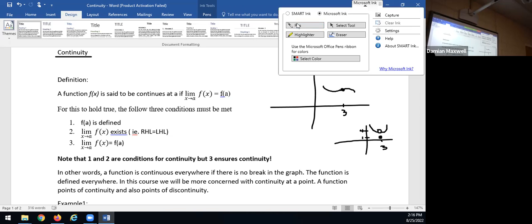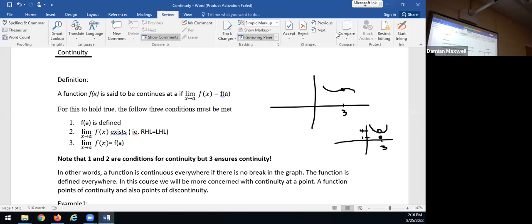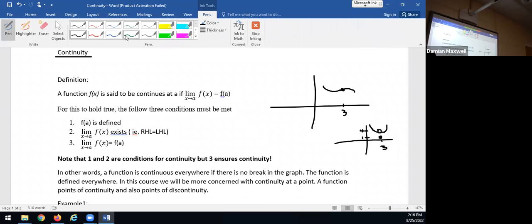Now, if you're looking at the first example, let me use a different color. What do we notice happen here? What's the limit? Look at the left-hand limit. Oh, let me put a value here. Let's say this is 4 as well. All right.